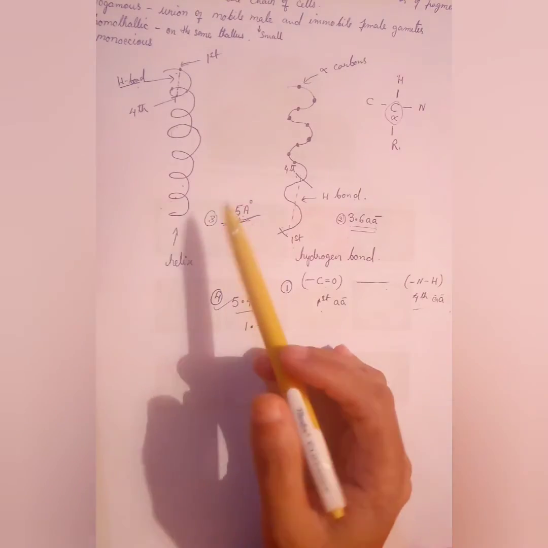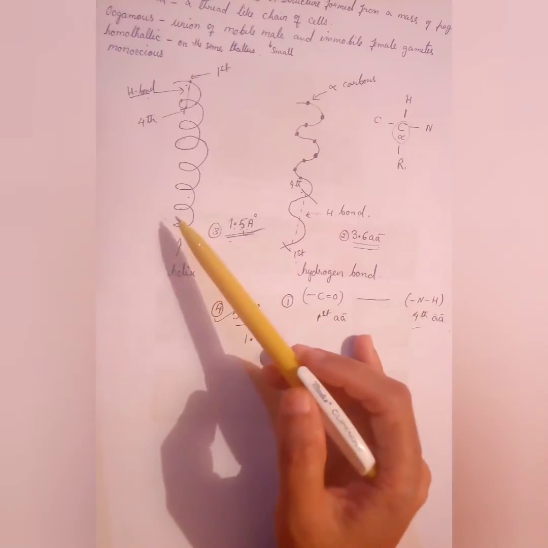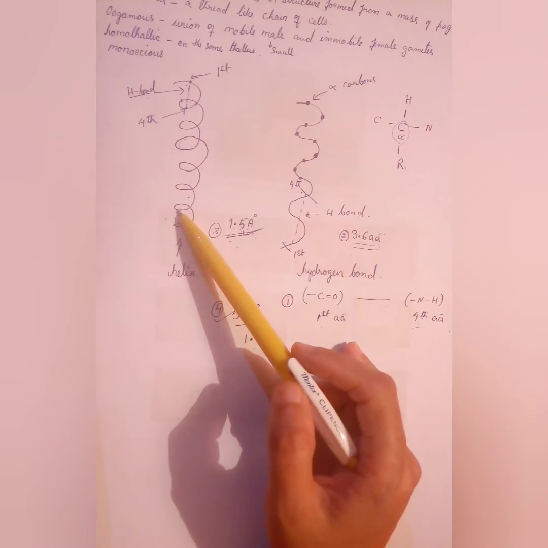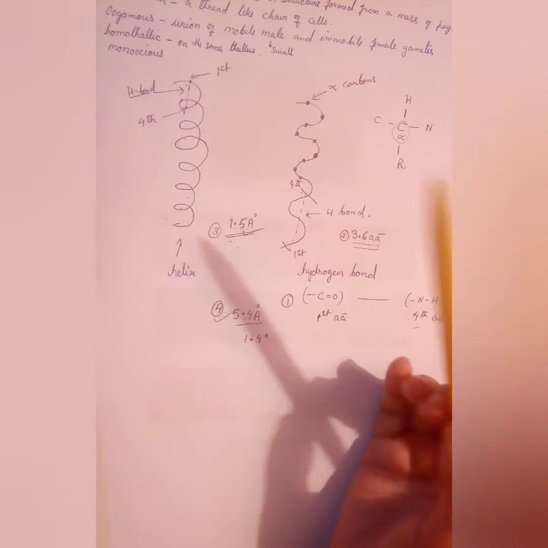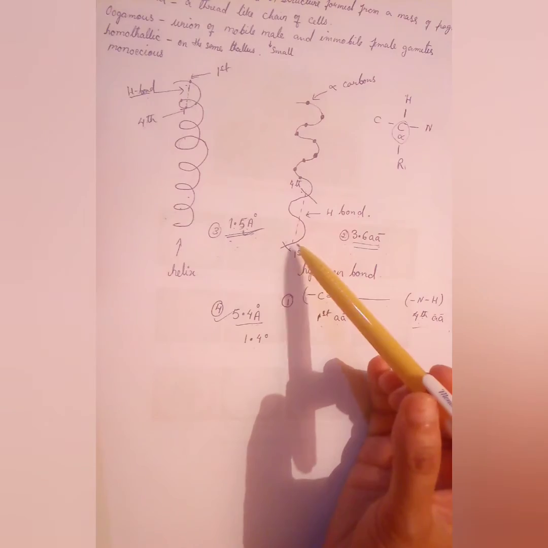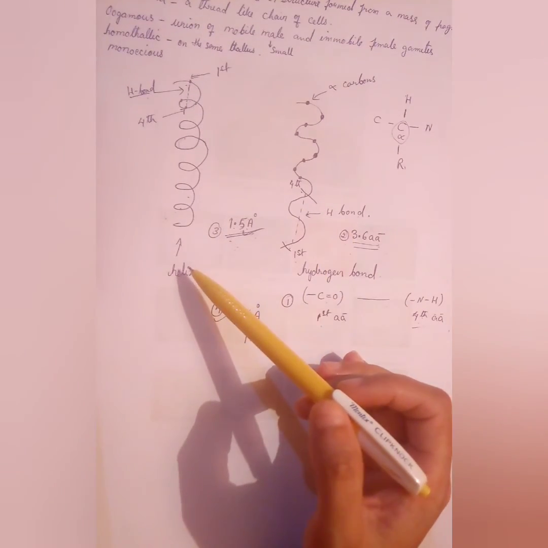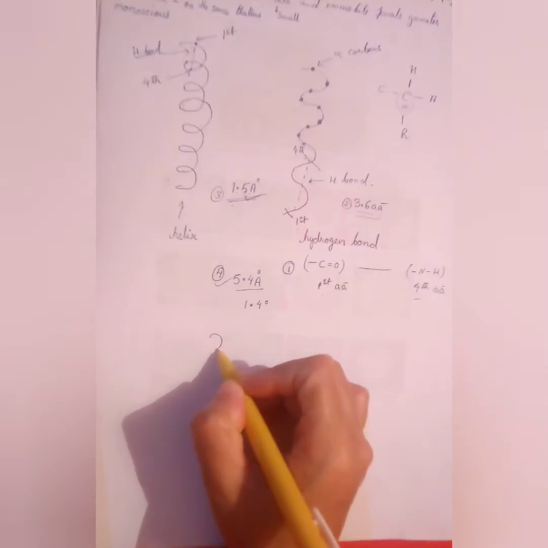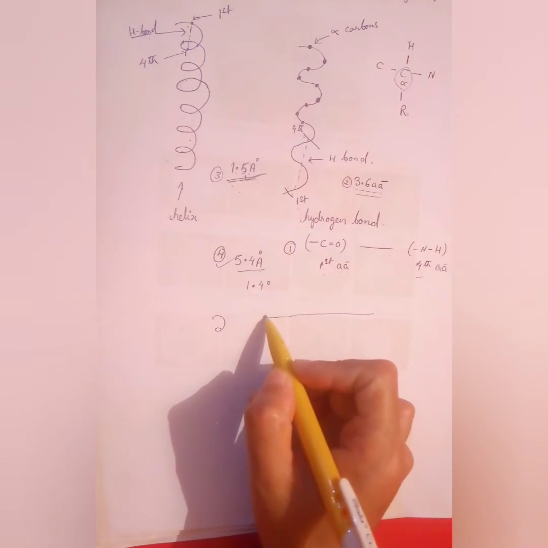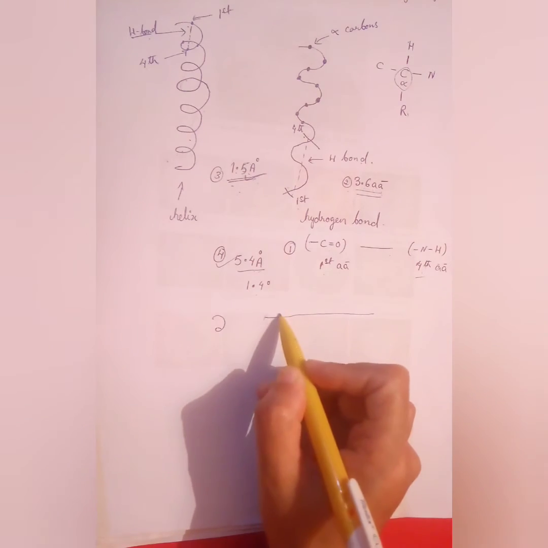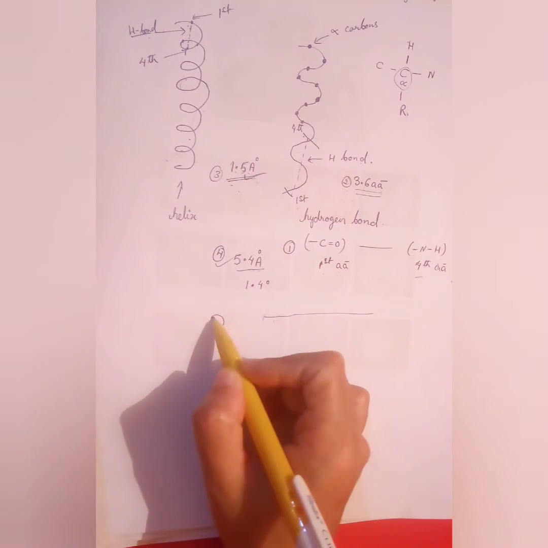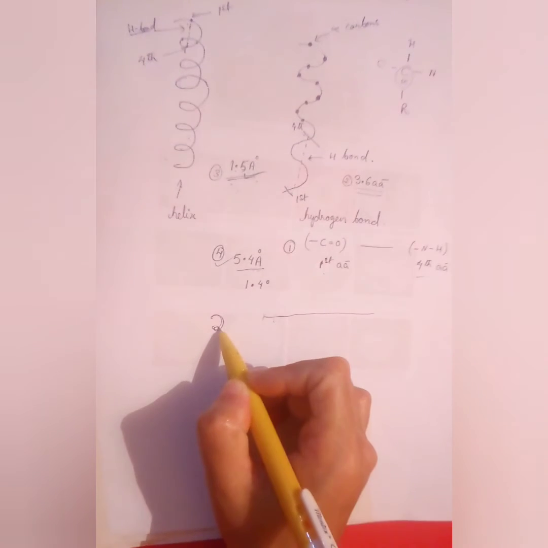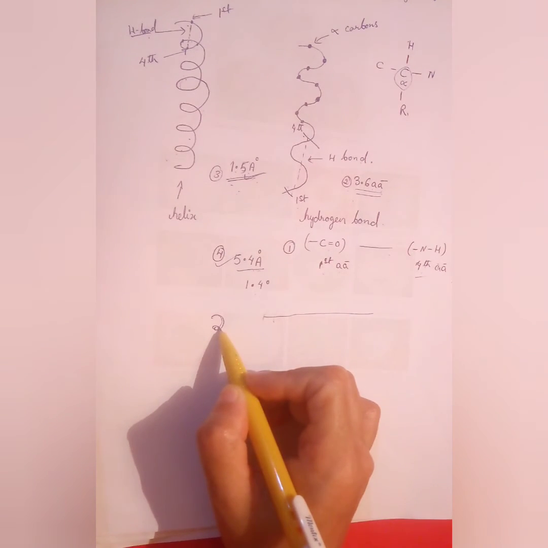So an important property of the alpha helix structure, which applies to other structures as well, is cooperativity. That means, for example, suppose this is a straight polypeptide chain, and a single turn starts to form in an alpha helix.